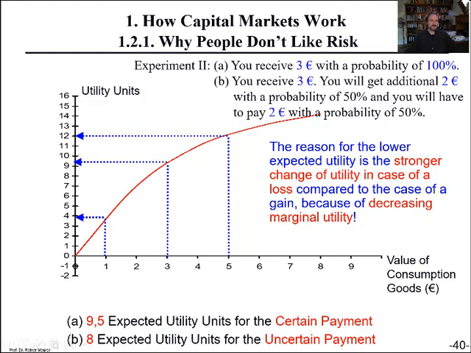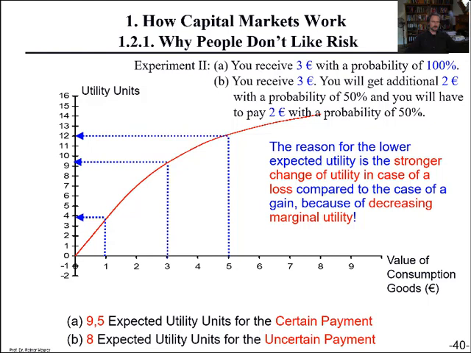The reason for this asymmetry is the property of decreasing marginal utility of the utility function. In case of the uncertain option B, money income falls by €2 or grows by €2.